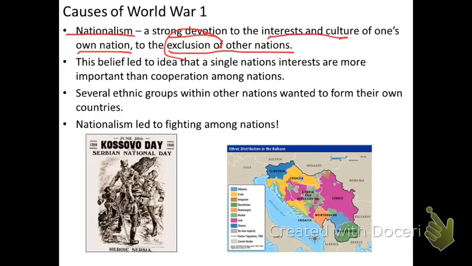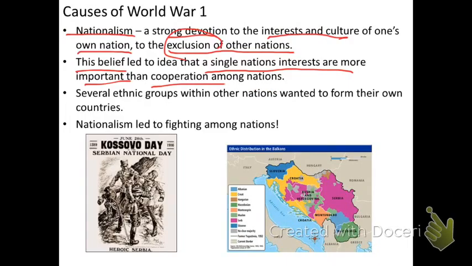We are so engulfed with our own interest, our own culture, that we exclude other nations. This belief in nationalism led to the idea that a single nation's interests are more important than cooperation among other states. Cooperation with other states.